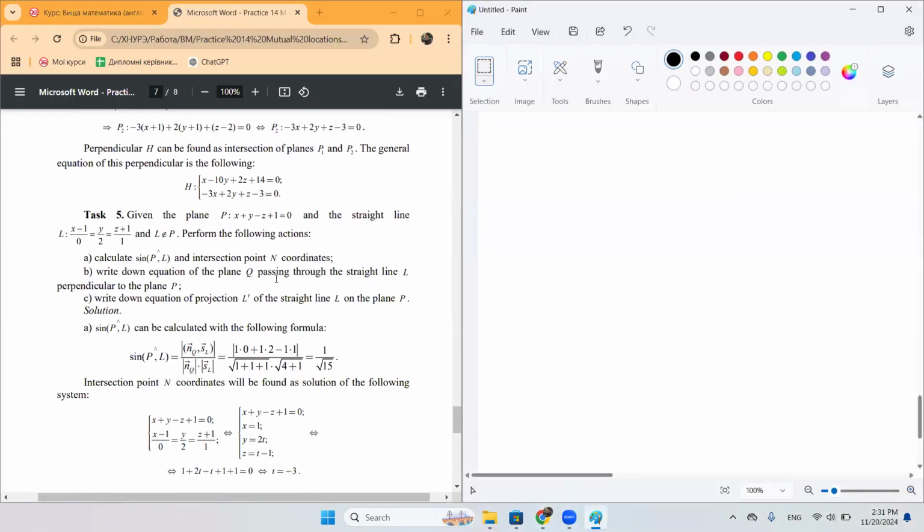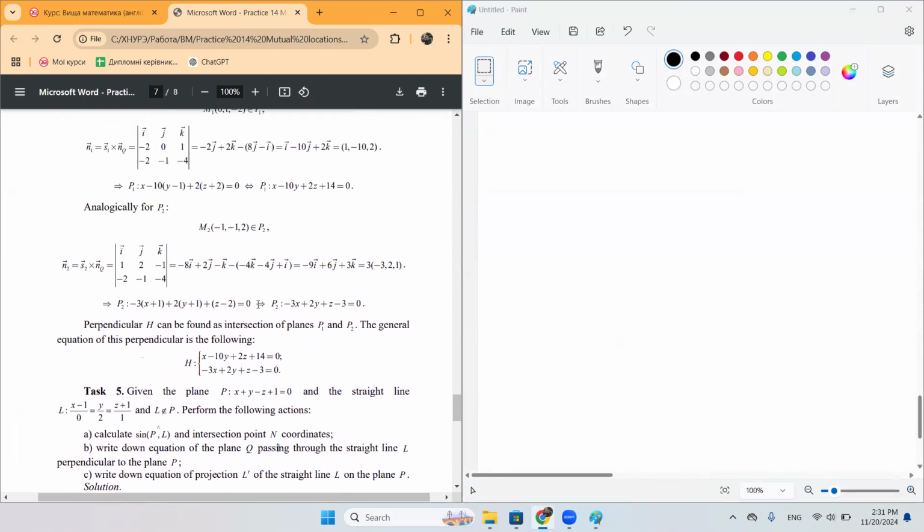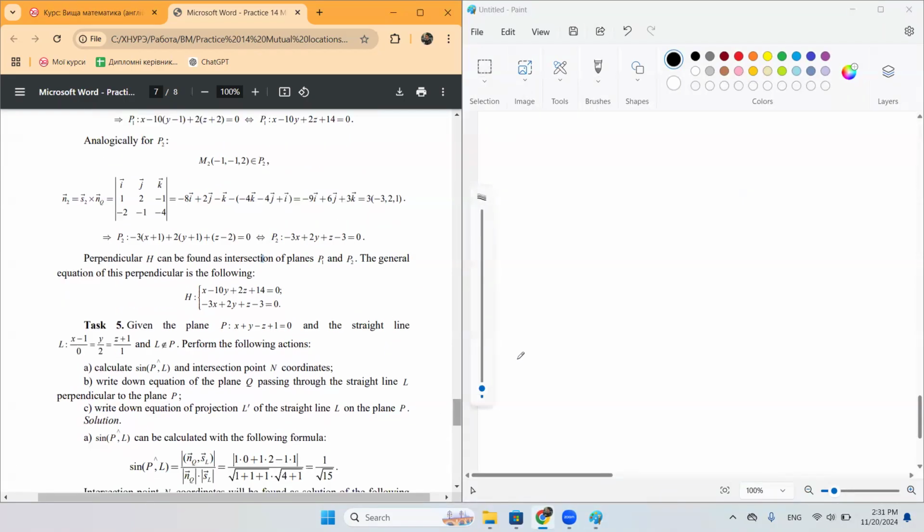Cleaning the board. So we have the plane P and the straight line L. First of all, we need to find the sine of the angle between P and L. You see the formula, but okay. So phi will be the angle.